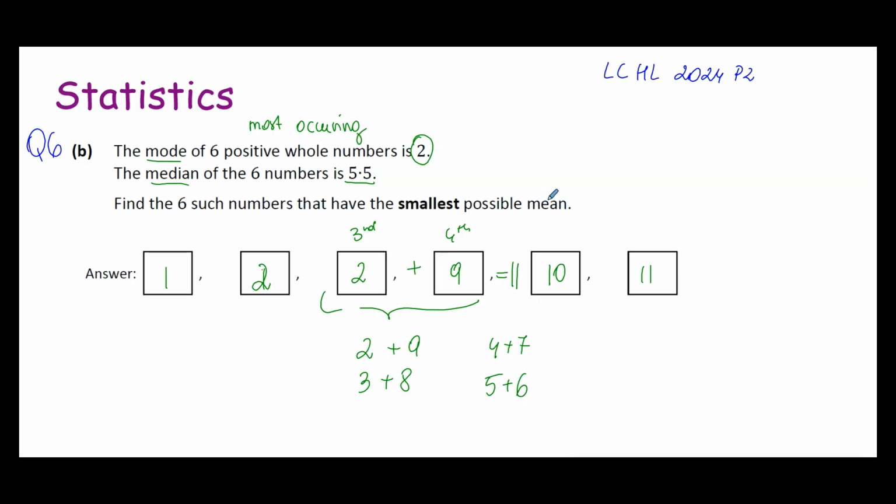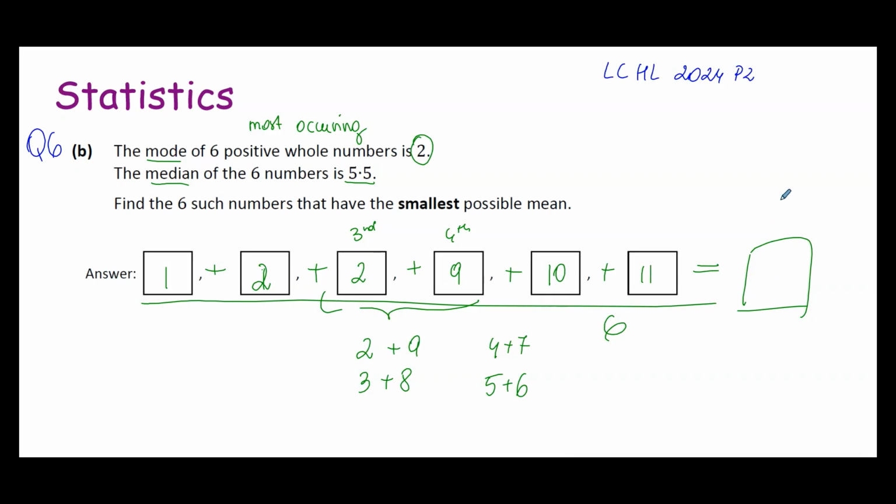How do I calculate the mean? The mean will be adding all numbers together and dividing by 6. And that should give me the smallest possible number. I know in order to get the smallest possible mean, the numbers here actually have to be small as well.